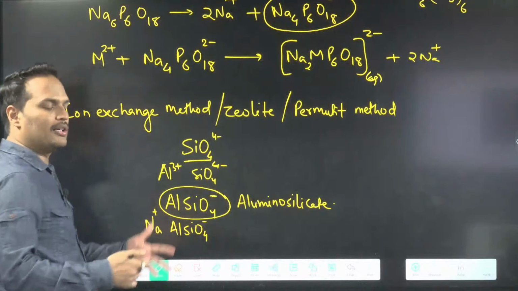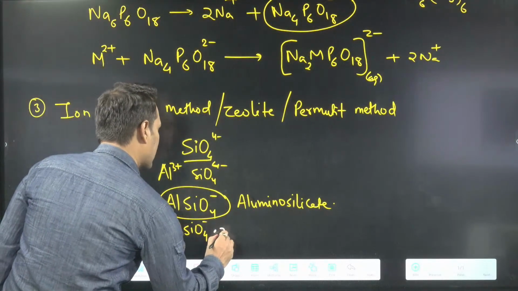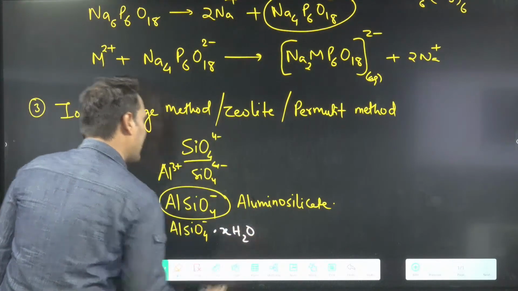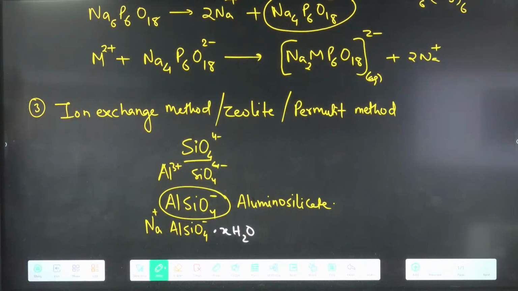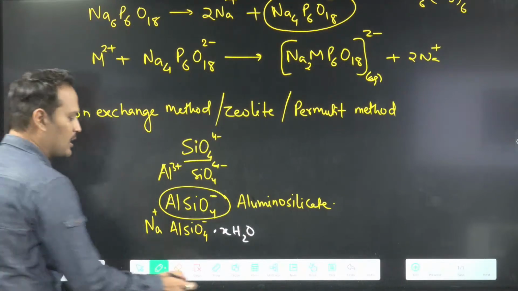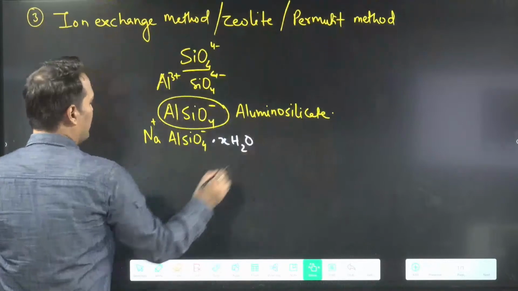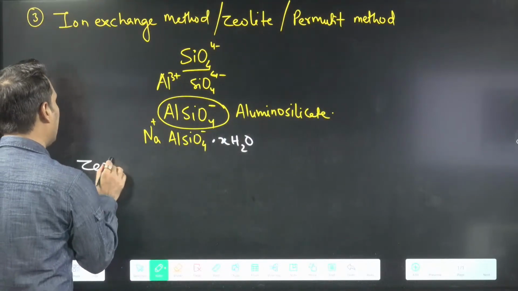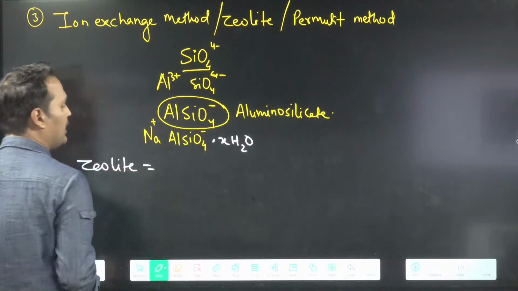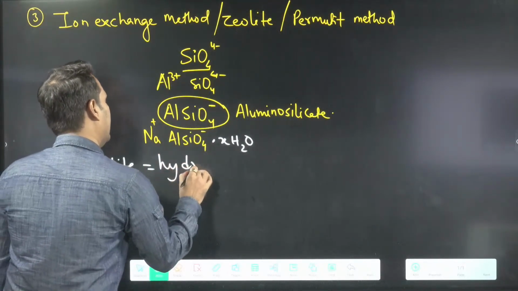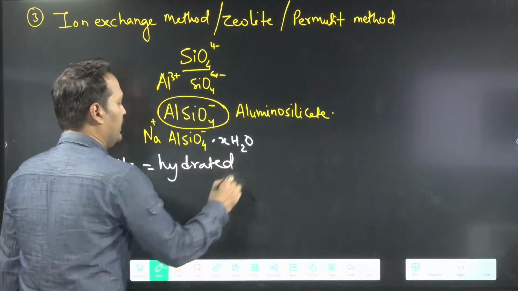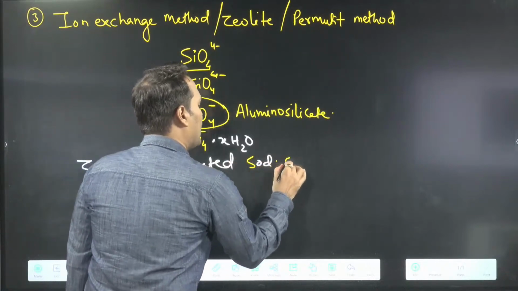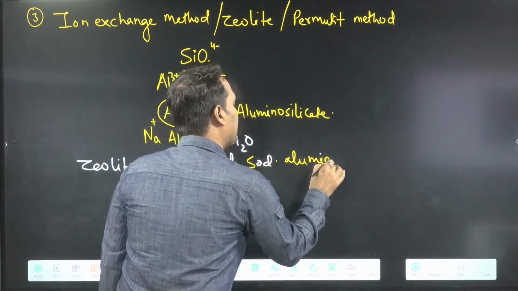Then what? In water it forms a hydrated complex. So you can say dot XH2O. Hydrated part, it forms a compound. So finally what we are saying is that zeolite is nothing else but hydrated sodium aluminosilicate.